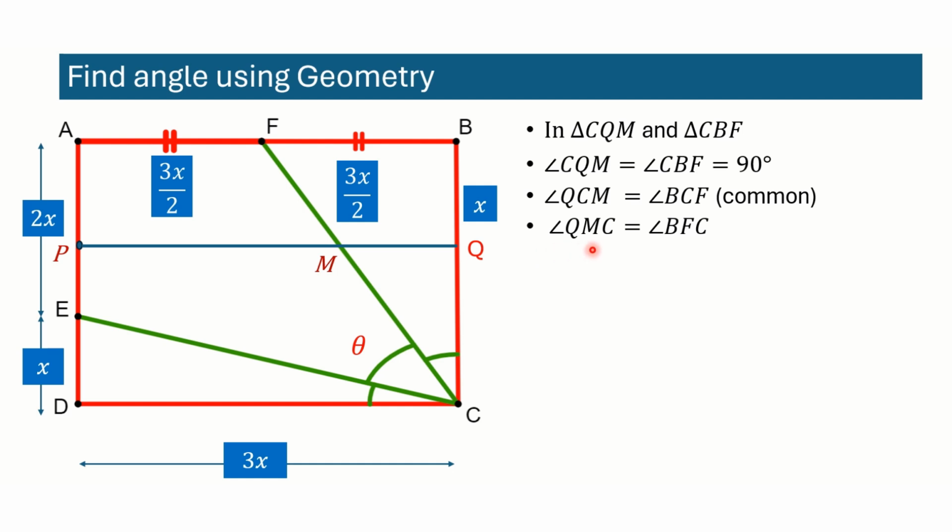Now angle QMC will be equal to angle BFC because if two angles are equal, the third angle has to be equal. So this means these two triangles are similar triangles. So triangle CQM is similar with triangle CBF.